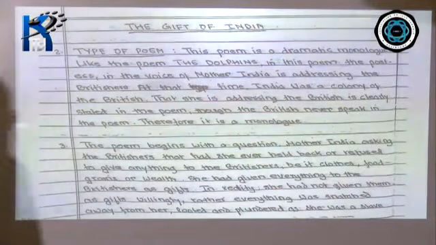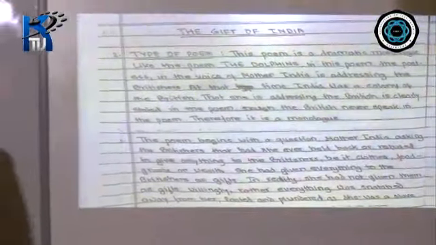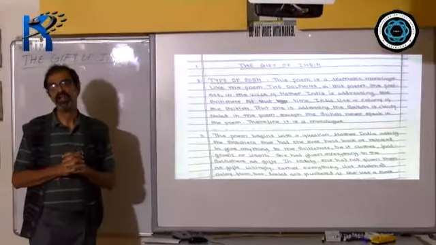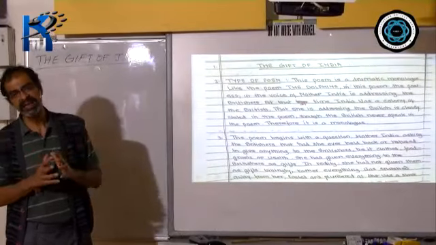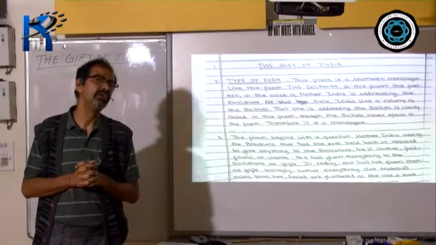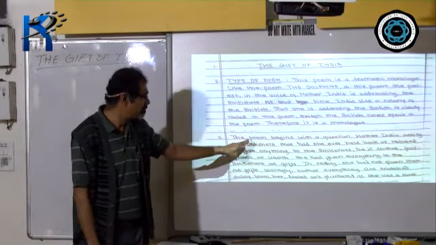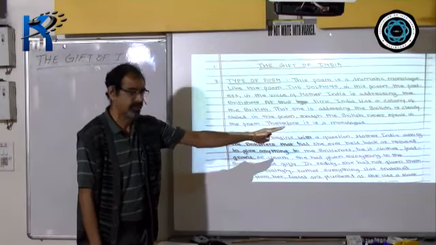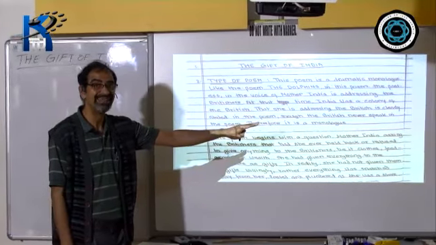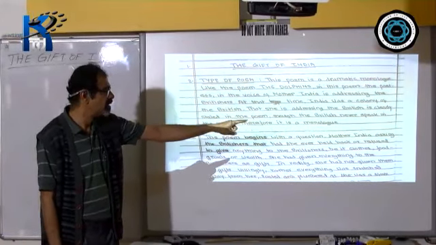Now, if you look at the 24 lines of the poem carefully, you will see the poem is basically divided into 3 parts. The poem begins with a question. The first 2 lines are a question.